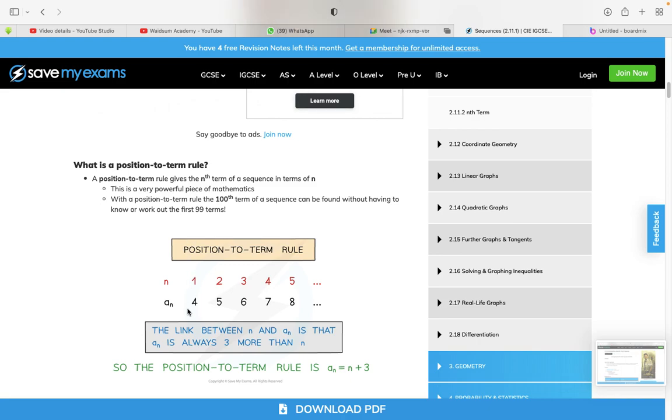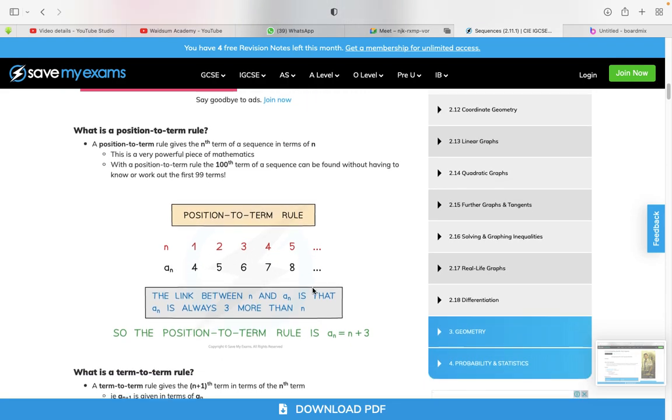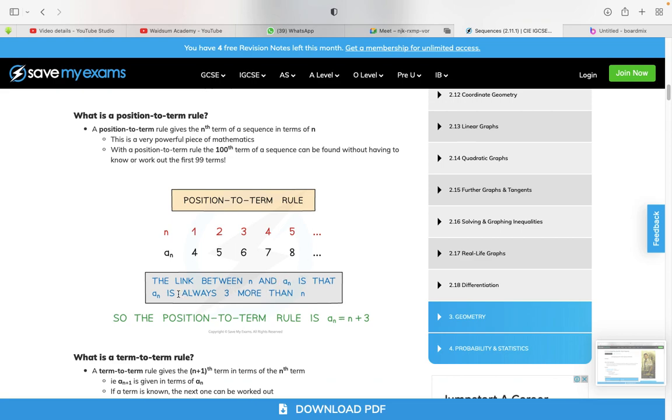You don't have to calculate the first term, second term, third term, and so on up to the 99th term before you can do the 100th term. Once you know the nth term formula, you can calculate the 100th term as quickly as possible, because of what we call the position to term rule.